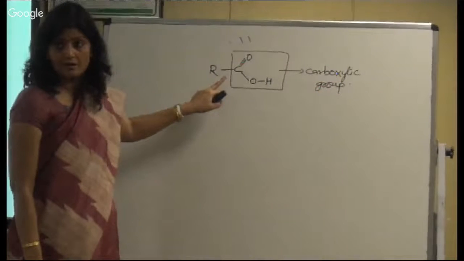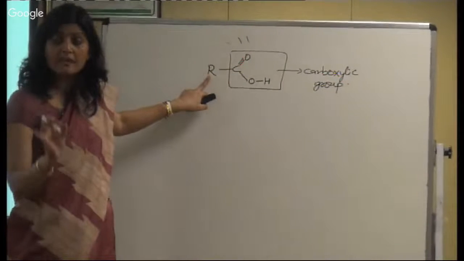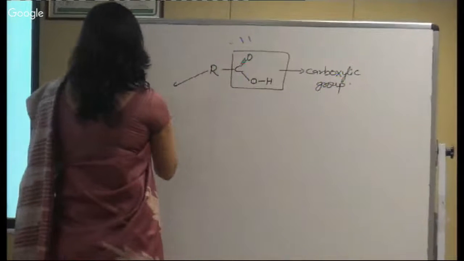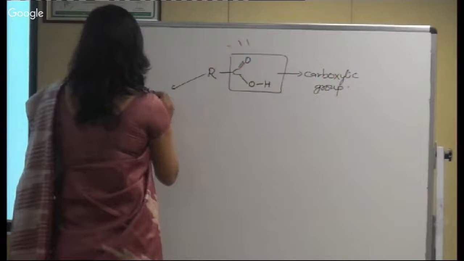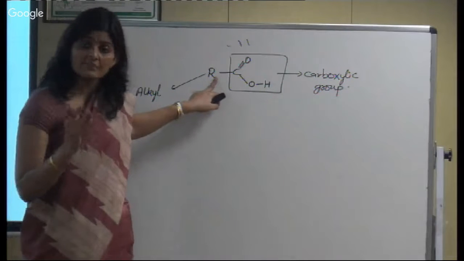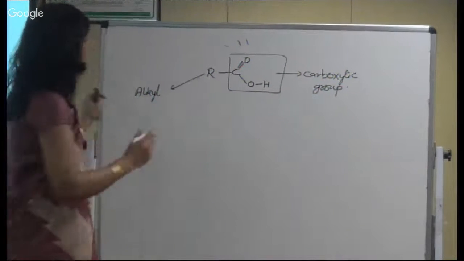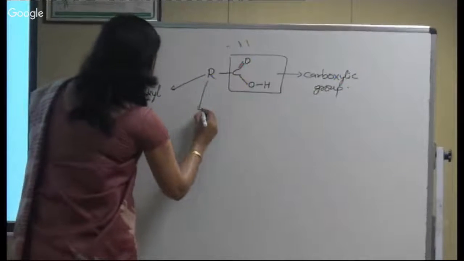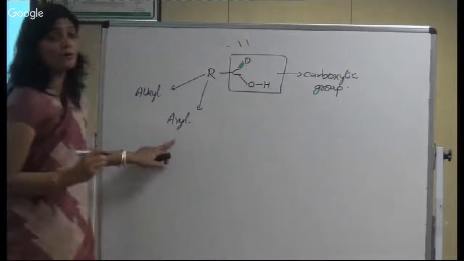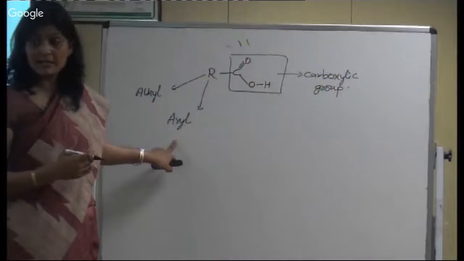Now attached to this carboxylic carbon, you have this R. This R can be an alkyl group. If it is an alkyl group, then those carboxylic acids are aliphatic carboxylic acids. If this R is an aryl group, then they are called aromatic carboxylic acids.